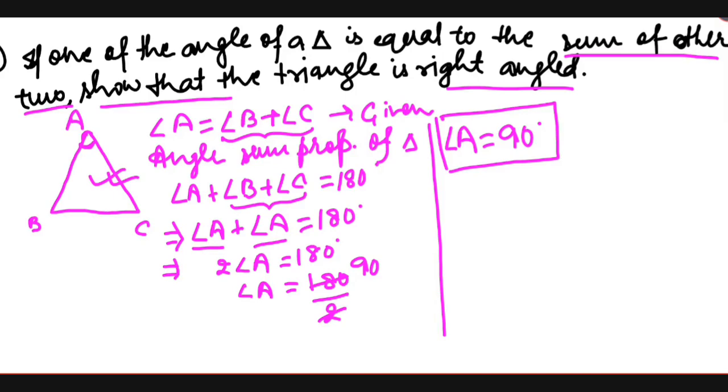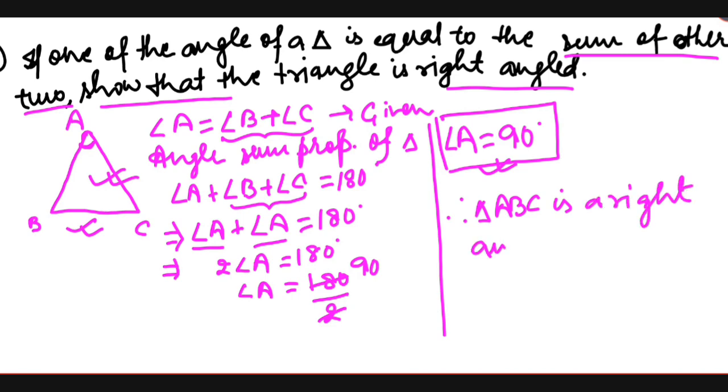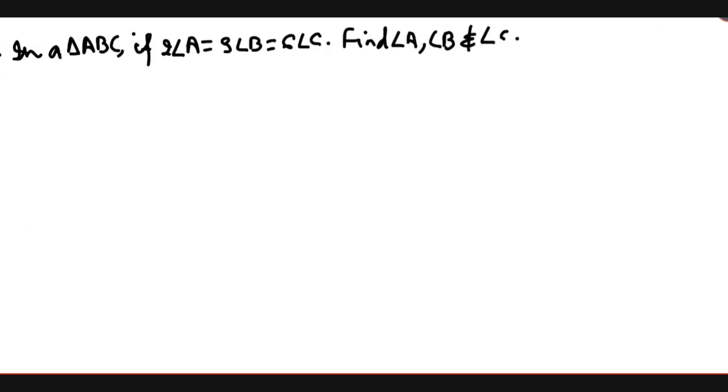Now here we have got that this triangle ABC has a 90 degree angle. Therefore, triangle ABC is a right angled triangle. So this is how we solve these kinds of questions. Let's move to the next question now.